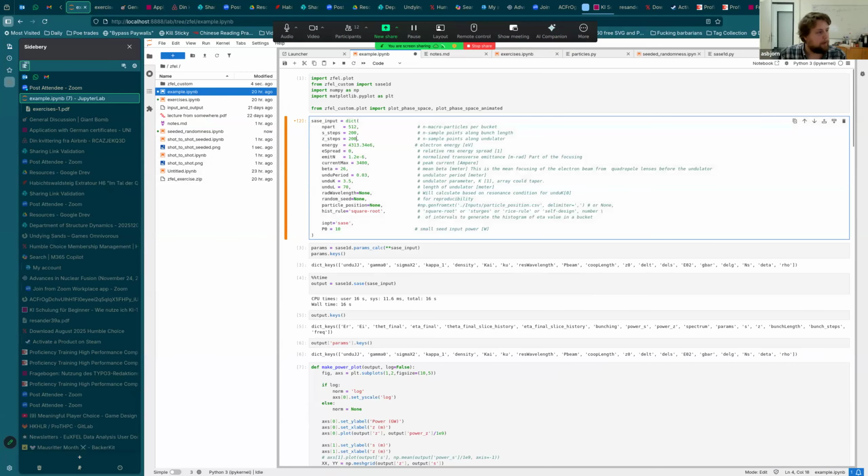So this you can set to 0, set steps, I'll set this to 200. E-spread I would set to 0, and in the beginning just set the random seed to a number, like 31, for example.